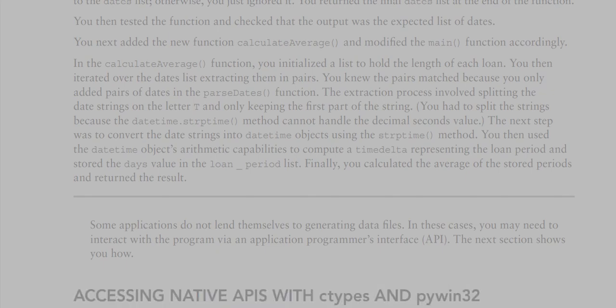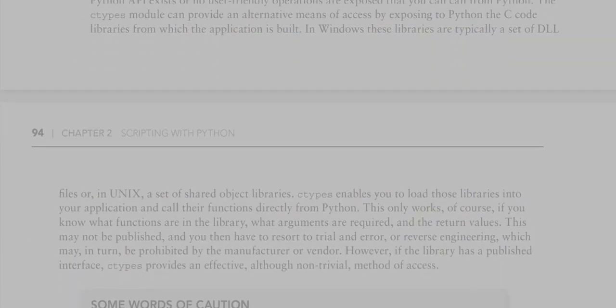Some applications or OS functions are not easily accessed from regular Python code because no Python API exists or no user-friendly operations are exposed that you can call from Python. The ctypes module can provide an alternative means of access by exposing to Python the C code libraries from which the application is built. In Windows, these libraries are typically a set of DLL files or, in Unix, a set of shared object libraries.